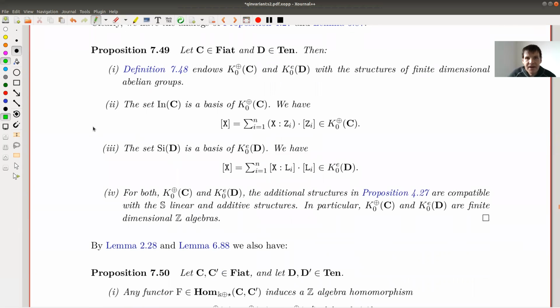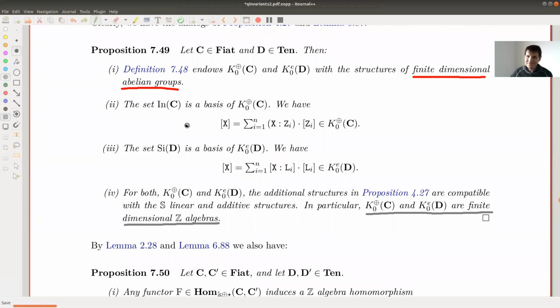What you can show is, the first thing that's easy, they are finite dimensional abelian groups. And actually, there's a multiplication structure, and everything is compatible. In particular, they are finite dimensional algebras. So the Grothendieck construction of Fiat and tensor categories, depending on whether you do the short exact sequence version or the additive version, gives you categorifications of finite dimensional algebras.